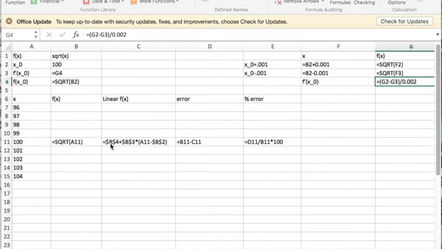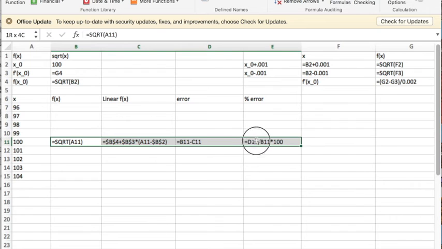So I'm going to have b4, which is the square root of x0, plus b3, which is the derivative at x0, times x minus x0. My error is going to be the difference of these two numbers, and the percentage error is the error divided by the actual answer and then times 100 to make it percent.